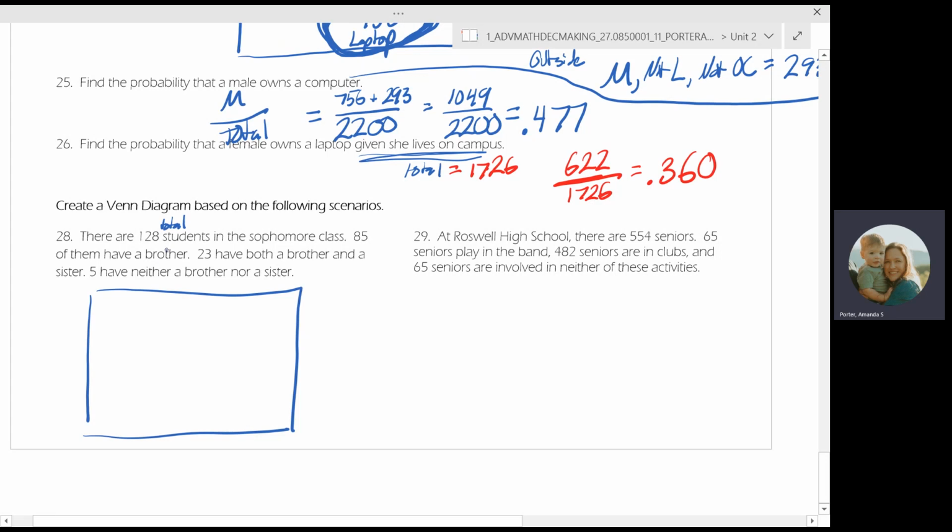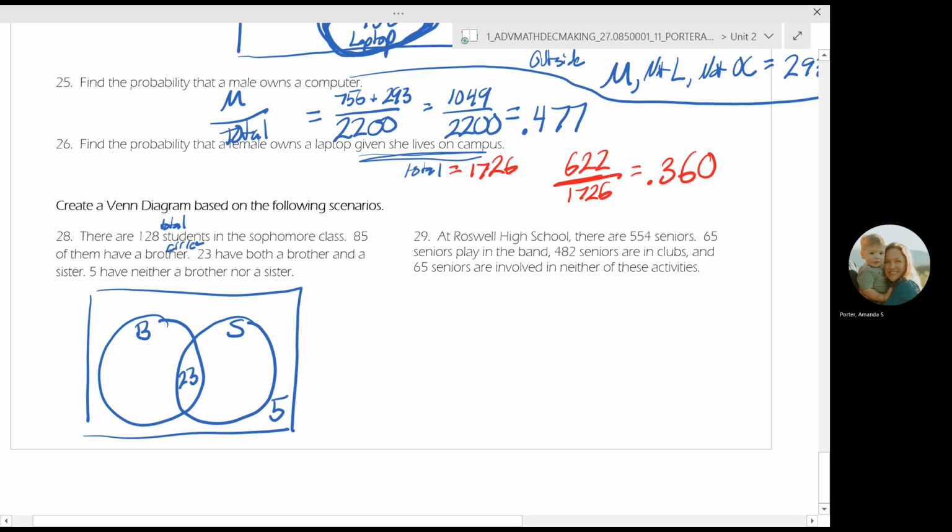85 is a brother circle. So it's the whole circle. 23 have both a brother and a sister. That's a section. So we have brother, we have sister. 23 have a brother and a sister. 5 have neither a brother nor a sister. That's outside.